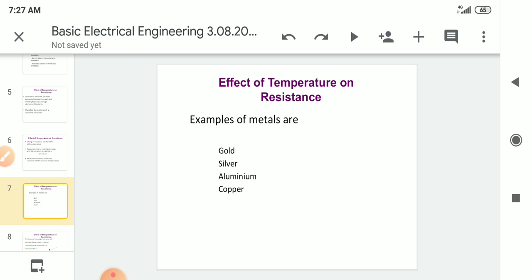Let's see first metals. Metals have the property that resistance increases with increase in temperature. Since the resistance of metal increases with the increase in temperature, they have a positive temperature coefficient of resistance.